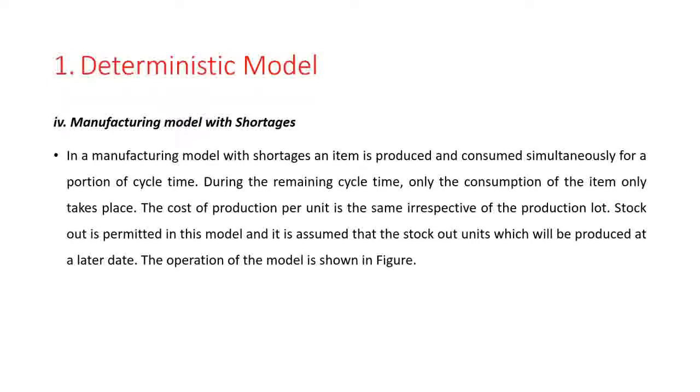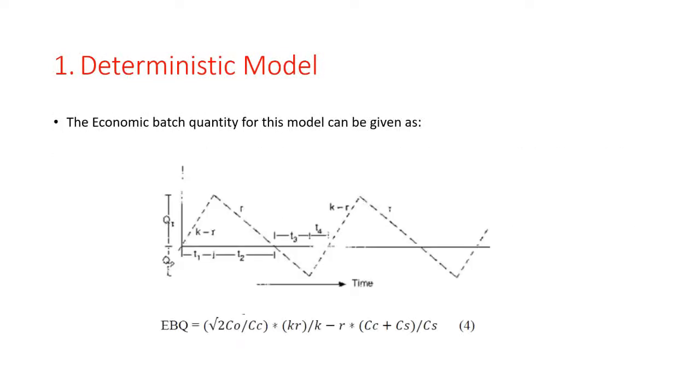The cost of production per unit is the same irrespective of the production lots. Stock out is permitted in this model, and it is assumed that the stocked-out units will be produced at a later date. This operation is shown in this diagram.